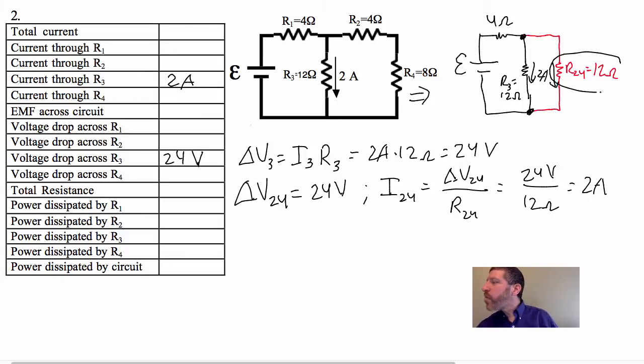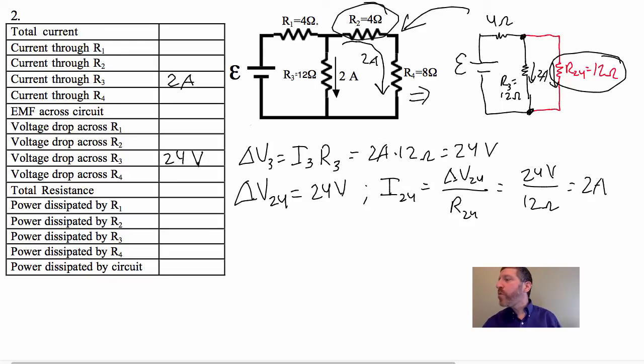Once I know that it's 2 amps through this equivalent resistance, I've got to go back to my original drawing. If it's 2 amps through the equivalent resistance, which is really a combination of these two, what's the current through this one? Well, that's easy. The current through R2 is just 2 amps, and the current through R4 is also 2 amps.